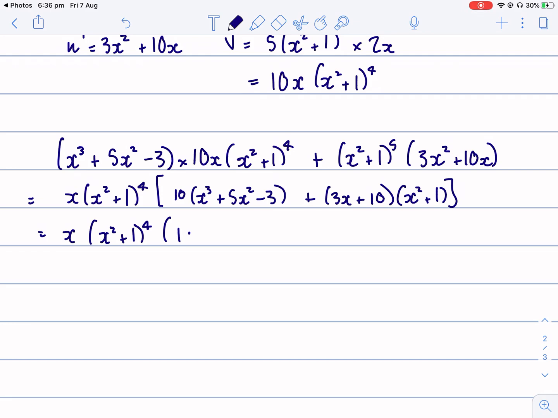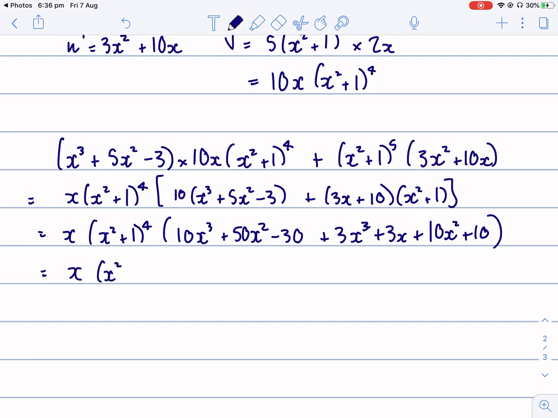I'm going to do this: 10x cubed plus 50x squared take 30 plus 3x cubed plus 3x plus 10x squared plus 10. So I've got (x squared plus 1) to the 4.